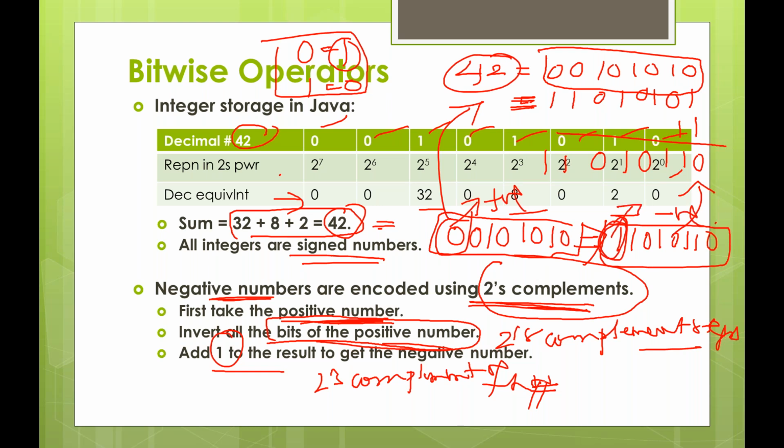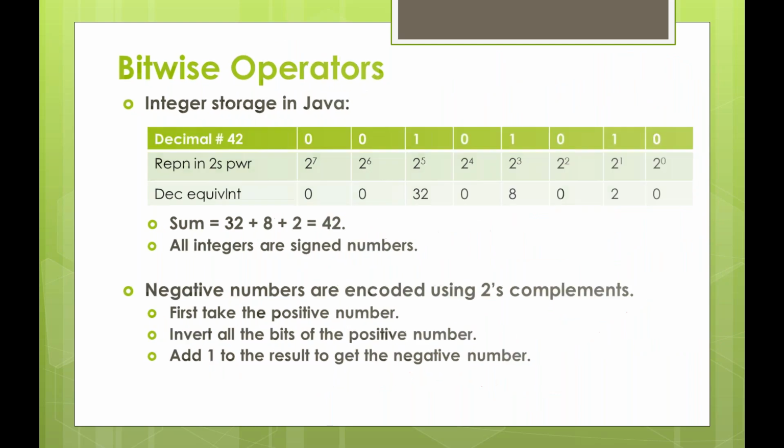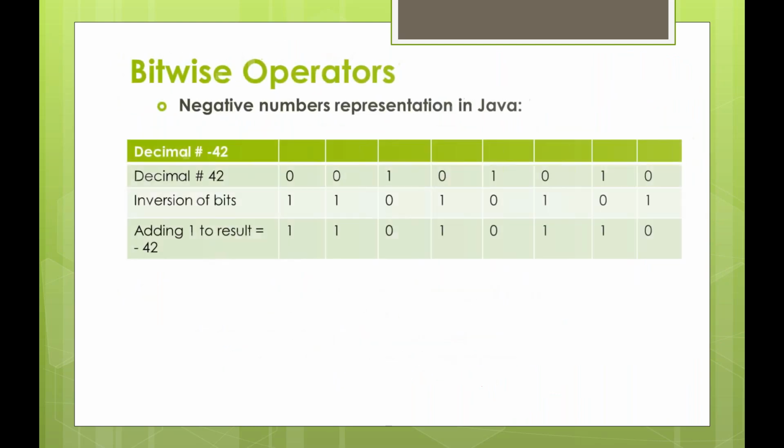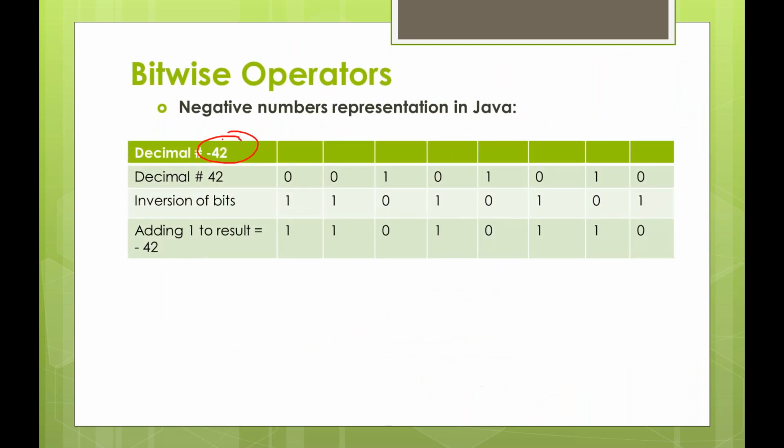So let's see how this is applied to a negative number. The first step is to take the positive number and convert it into binary, and this is what we got in our previous slide. Then invert the bits.